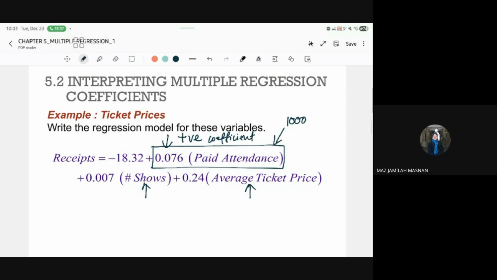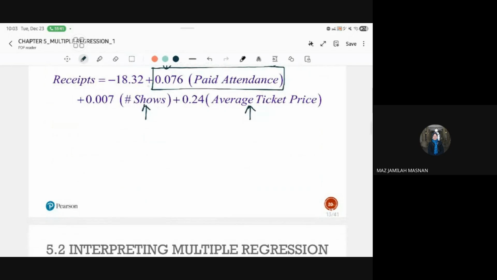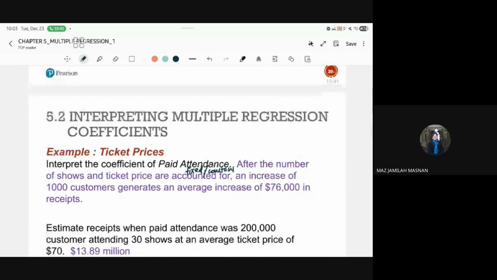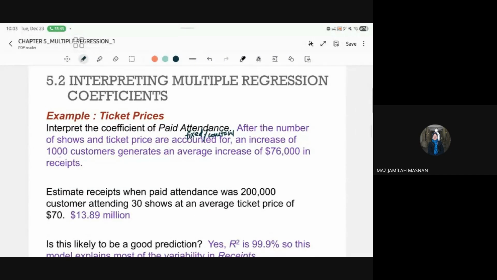With 1,000 paid attendance, it will increase because of this positive value. An increase of 1,000 customers generates an average increase of 76,000 in receipt.